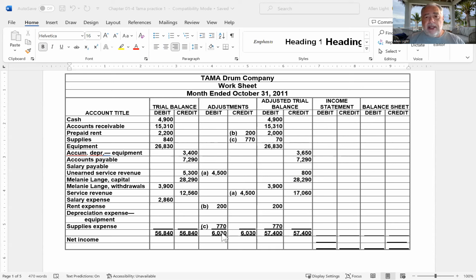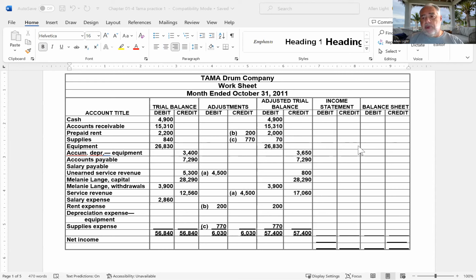And remember, we're talking about an equation. Assets equals liabilities plus owner's equity, which means that everything we do on one side, we have to do on the other side, which means if I have debits that are being adjusted and credits that are being adjusted, those are both on opposite sides of the equal sign. They have to be equal. Otherwise, our equation won't balance anymore. So we do our adjusted trial balance, and those should be equal.